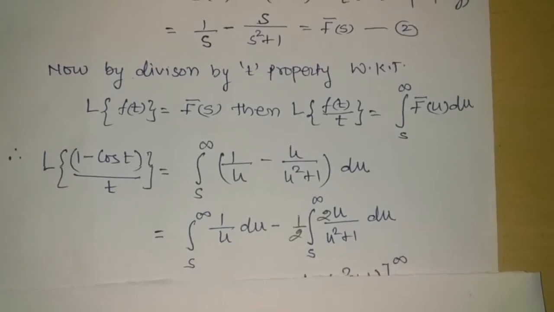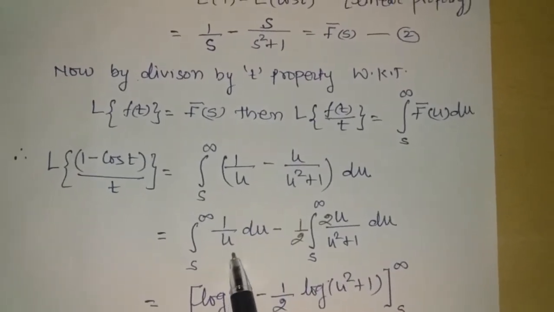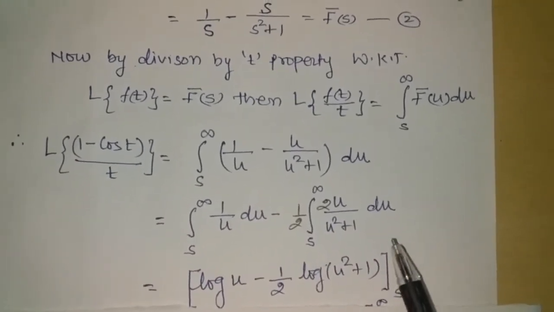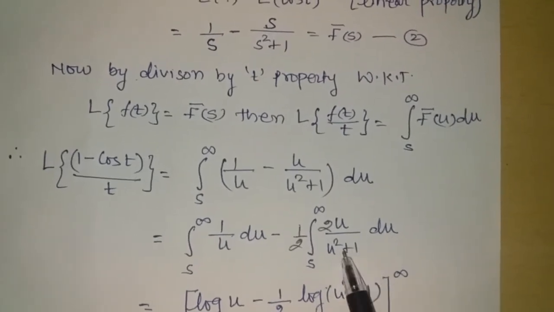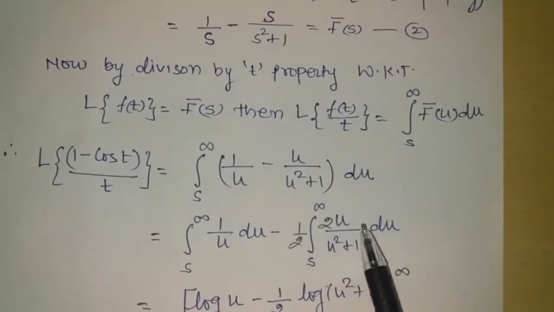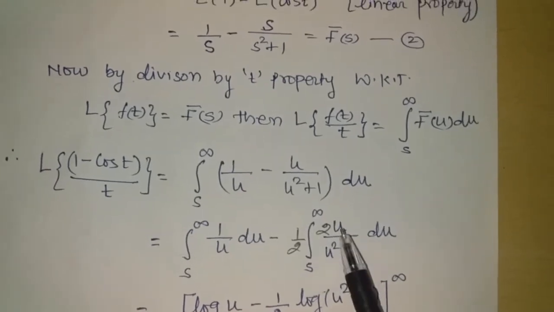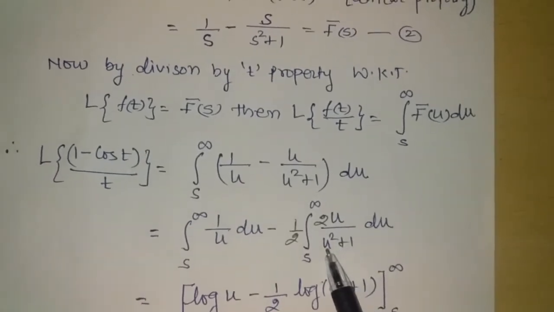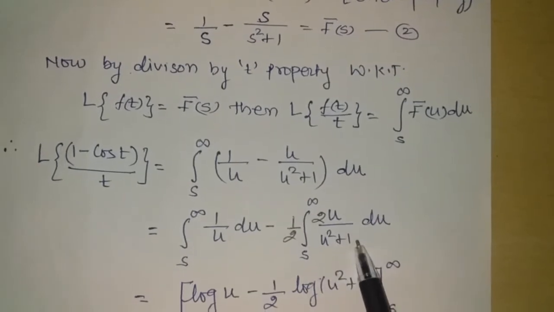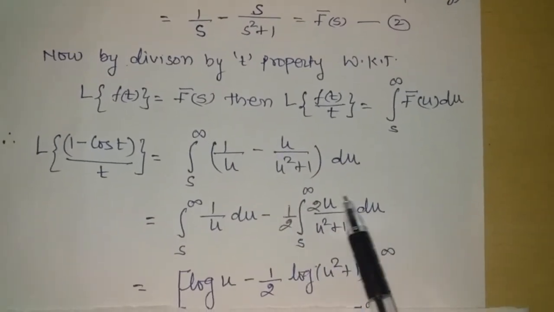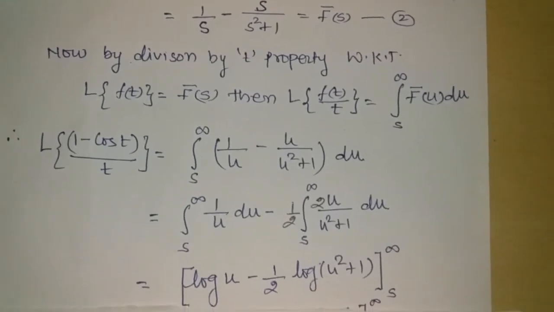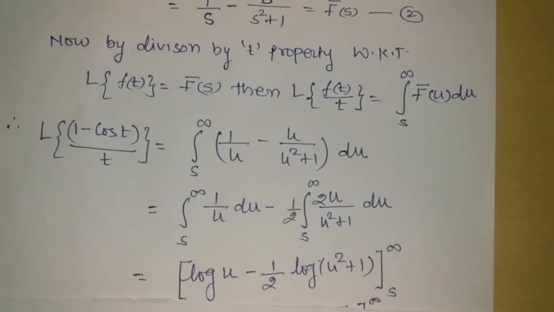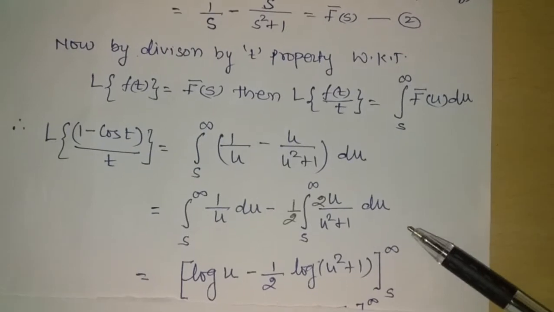Now the integration of du by u is log u, and here if we put u square plus 1 is t, then we get 2u du equal to dt. So dt by t, integral of dt by t is log t, and what is t? u square plus 1. So the integral of this expression is 1 by 2 log (u square plus 1), and the limit of integration is s to infinity.